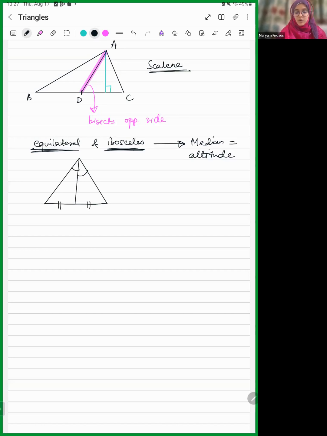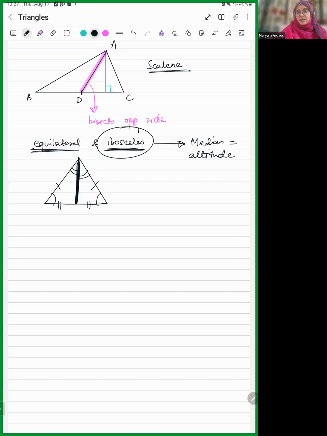And since it's an isosceles or equilateral triangle, this side will be equal to this side. And this is a common side. So by SSS, they are congruent. Since they are congruent, this angle will be equal to this angle. It can also be proved by ASA, SAS. Yes, you can prove it through any of these.